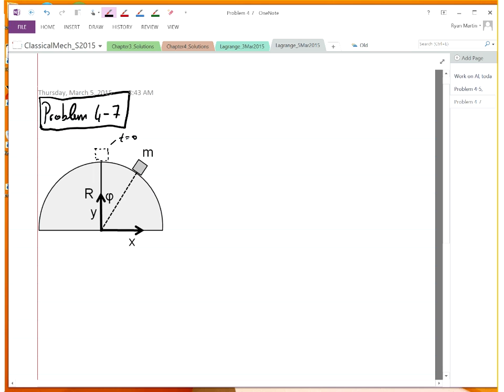And it slides down without friction. So you can tell that eventually it's going to fall off, right? So the question is, at what angle does the block fall off?